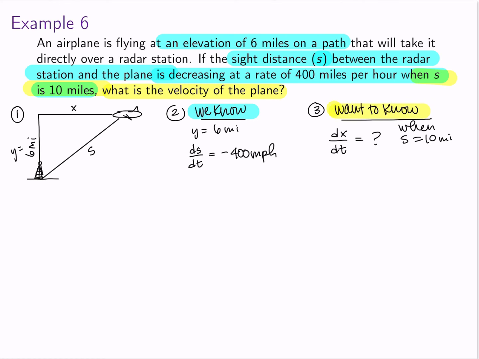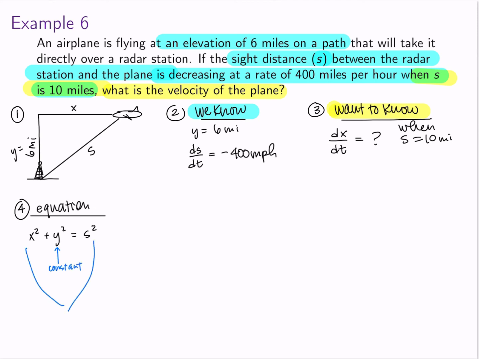All right, so step 4, we need an equation. And again, we're going to use our Pythagorean theorem because we have this nice right triangle. Let's think for a minute, what of this is constant and what is changing? Well, I know the plane is flying at 6 miles of elevation, so my y is constant in this case.